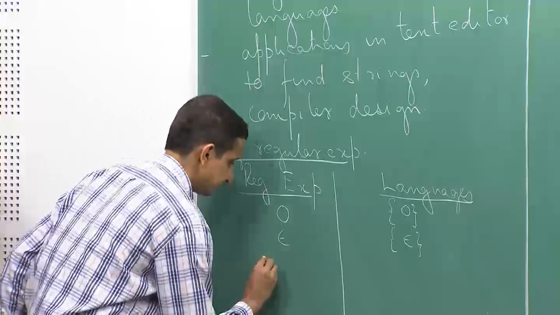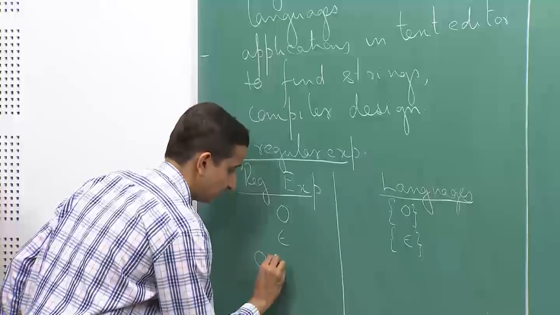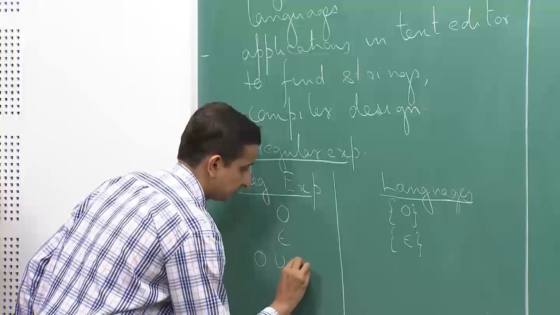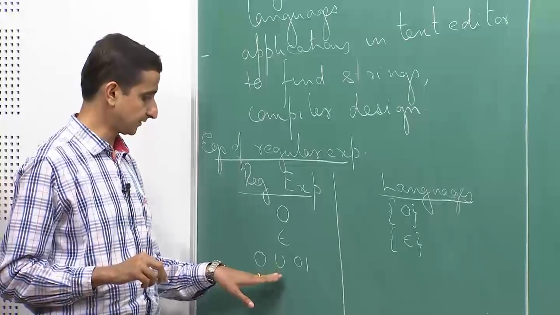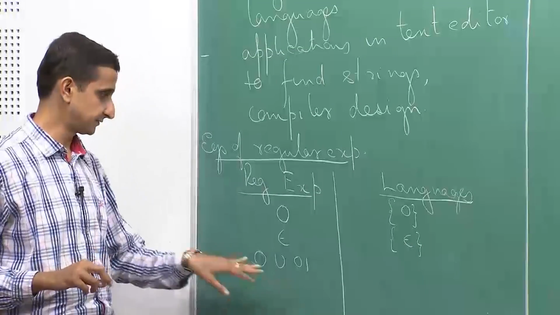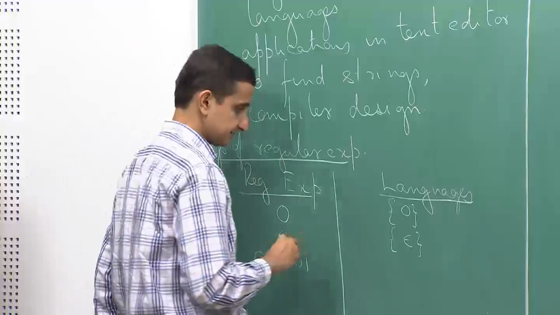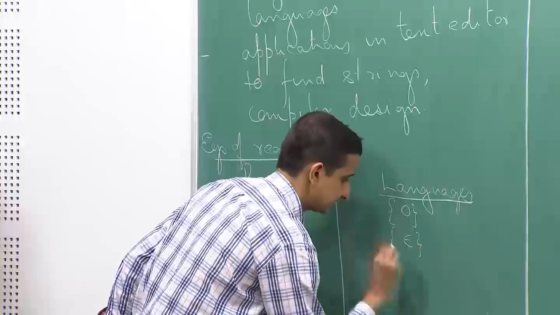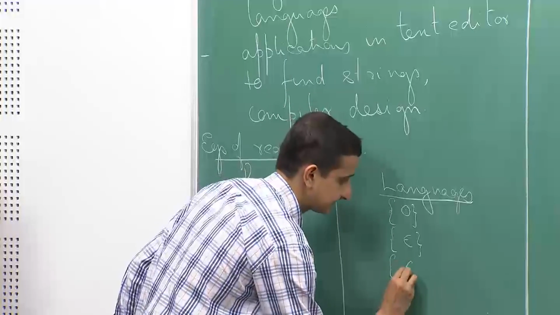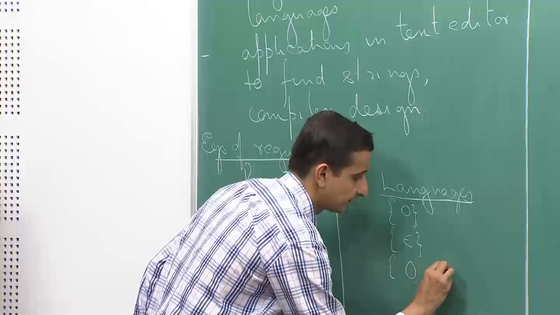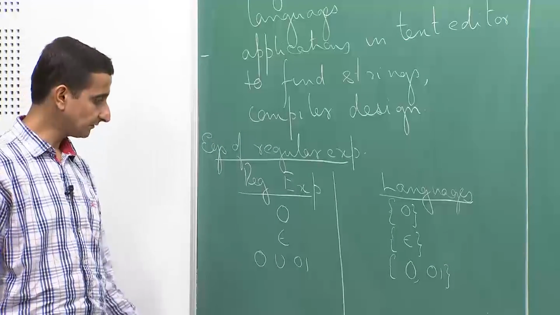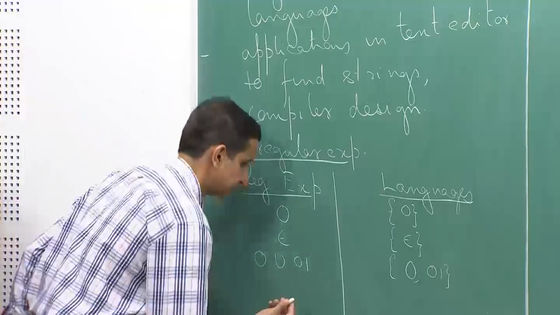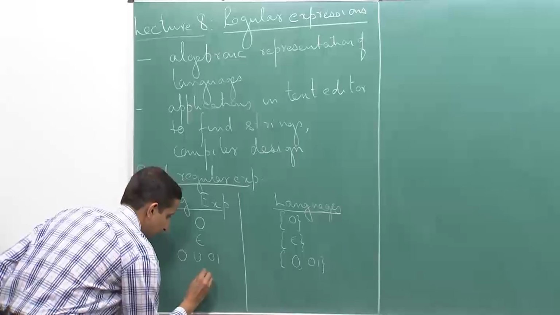The regular expression 0 union 01. Union is a symbol that is used in regular expressions. So this is the language consisting of the strings 0 and 01. Another way of writing a regular expression is using the star operator.